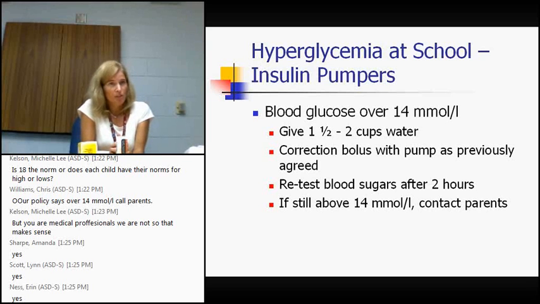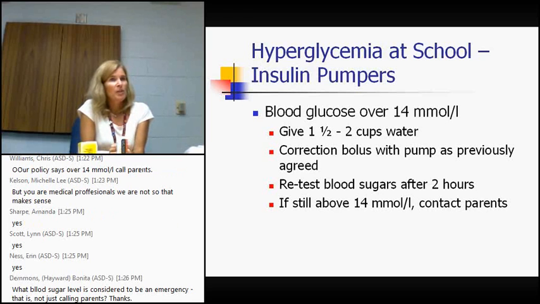What a child on a pump can do is give themselves a correction bolus through their pump, whatever's been agreed on with the parents. This would be something that your parents would be advising you on. Once that correction bolus is given, the child should retest their blood sugar in 2 hours. And if the blood sugar has not come down, you should contact the parents.